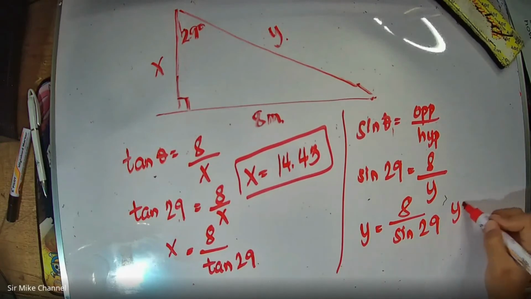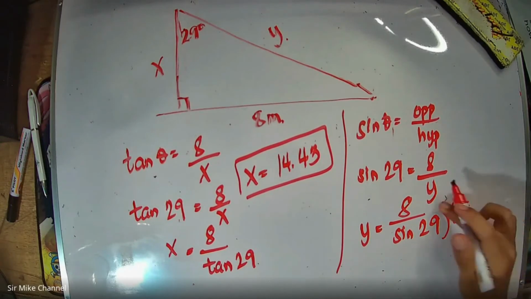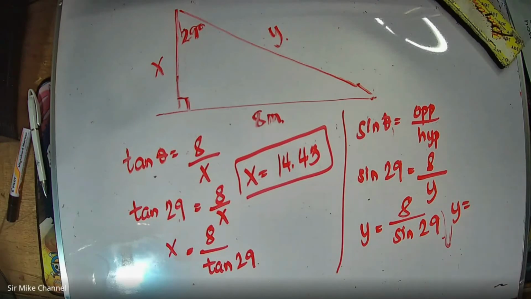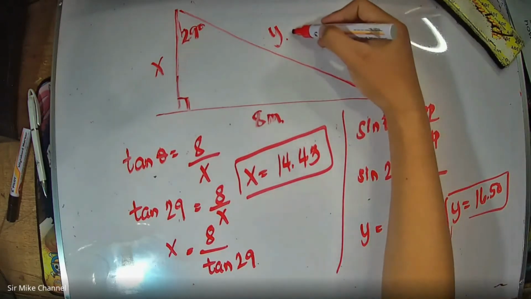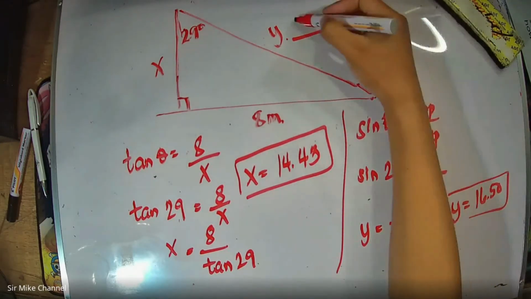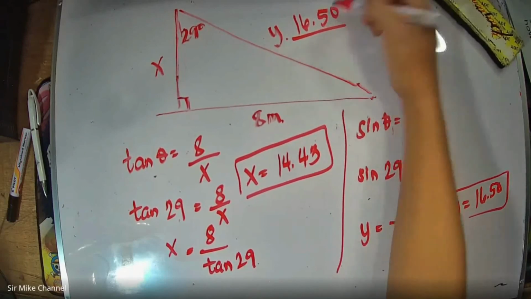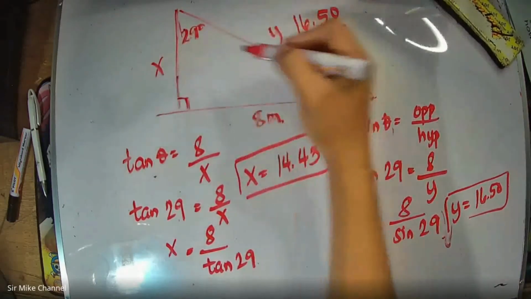So ang y natin dito, using calculator, we have 8 divided by sine 29. We have 16.50.